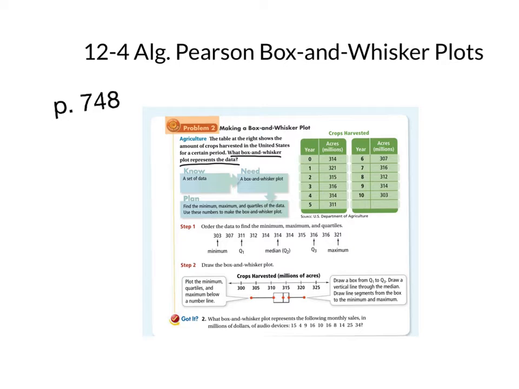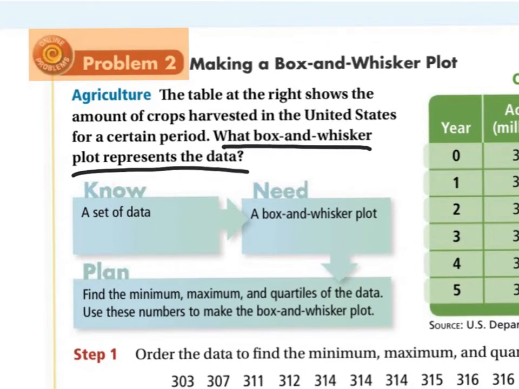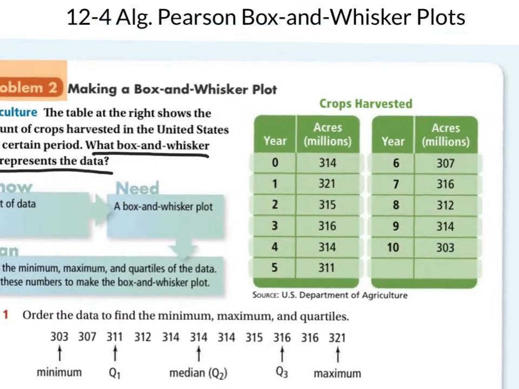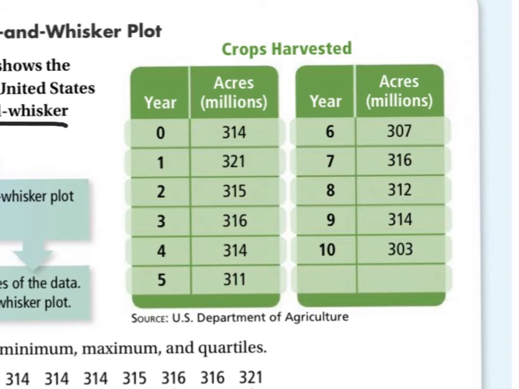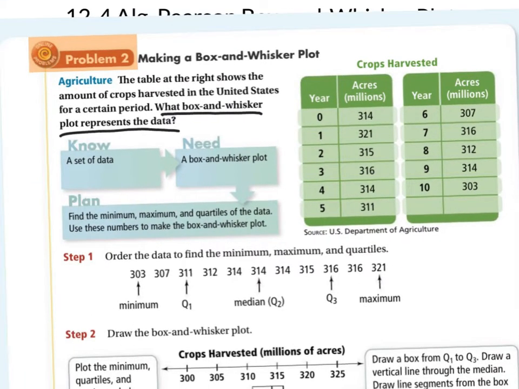So page 748, if we look at problem 2, the table at the right shows the amount of crops harvested in the United States for a certain period. What box and whisker plot represents the data? So you can see here's all the information: each year, how many million acres of crops were harvested in the United States.